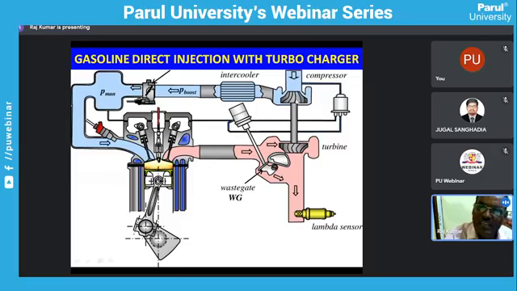The compressor will compress the air through this intercooler if it requires cooling, because the air gets more hot. After cooling, it will go to the induction manifold. Your induction manifold is charged with the compressed air, means the air is under compression. As soon as the inlet valve opens here, the compressed air will rush in.